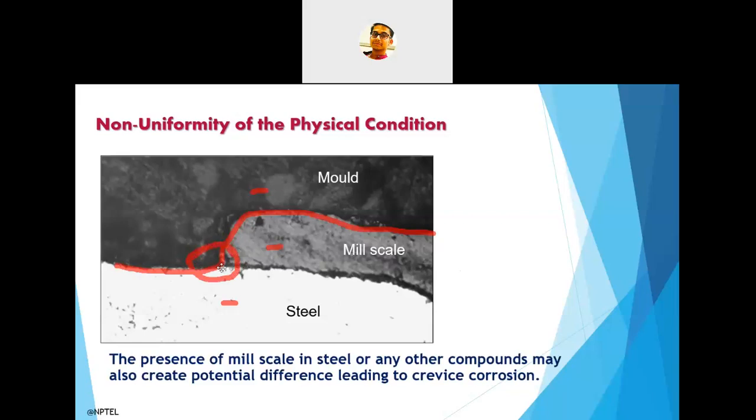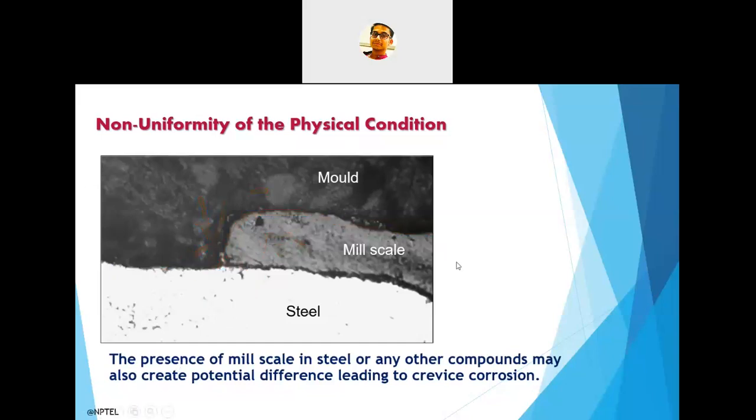Some crevice corrosion can happen through this material. The chloride or deleterious materials can ingress through these joints. Due to this, there may be some electron transfer between the mill scale and the steel. This will have a separate potential, and this will have a separate potential, so automatically there will be generation of a corrosion cell.